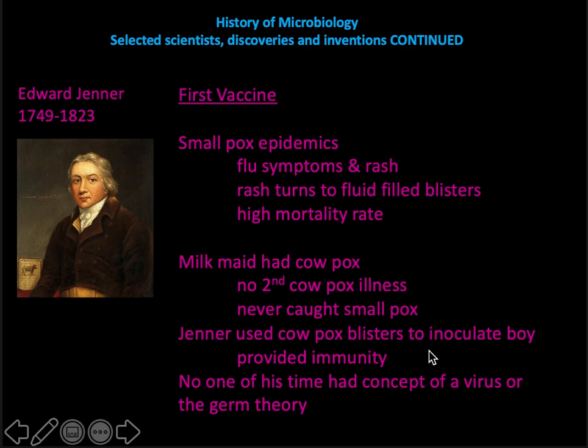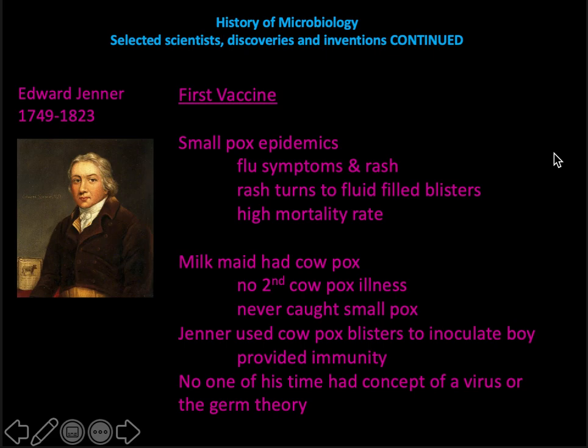And he actually traveled a lot and tried to vaccinate all of Europe, and so you'll read about this in your book. So it's really cool that he was able to help so many people not get the actual smallpox illness. But right, this is not exactly what I would call a vaccine. I mean, it is and it isn't, right?